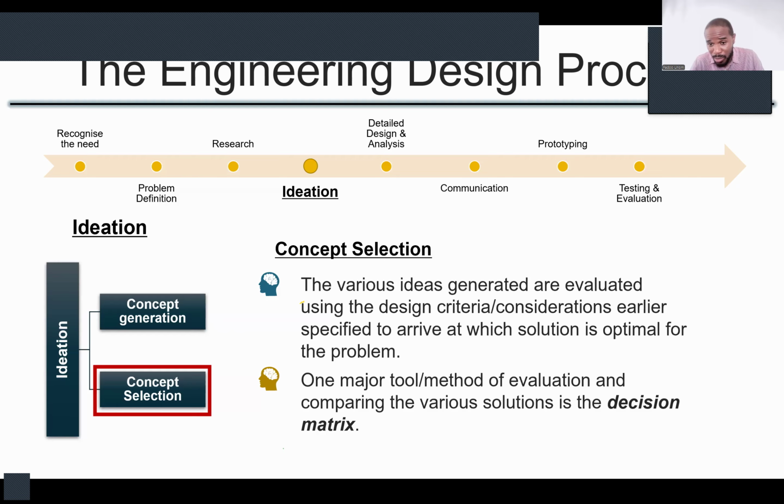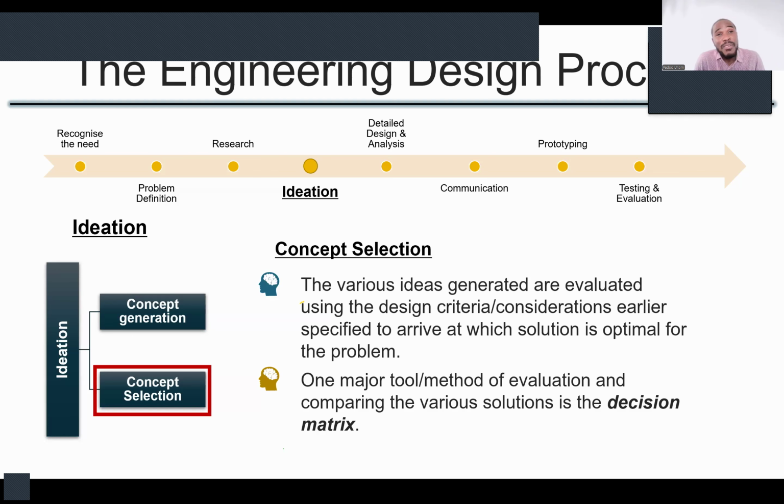Is it portable? Right? What again? All those other specifications. You now look at each of your solutions, and you compare them to those criteria to determine which of them is the best, which of them is the optimal solution for the problem.